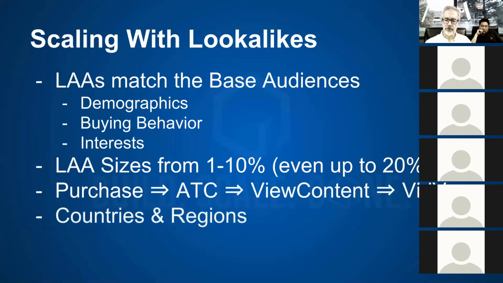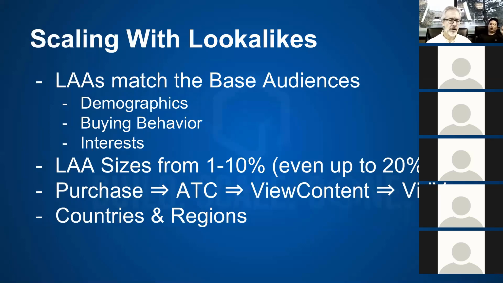Countries and regions. Okay, so you can build lookalike audiences specific to countries. You can also combine different countries in the same lookalike audience. And you can also choose something that's called regions. Regions are combinations of countries in a certain area. So, for example, EEA, the European Economic, what does the A stand for?